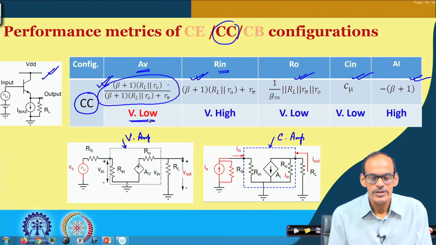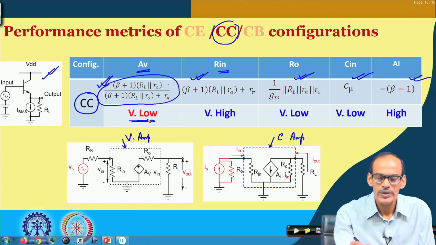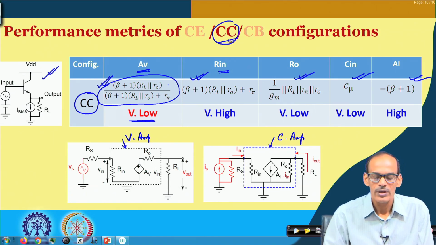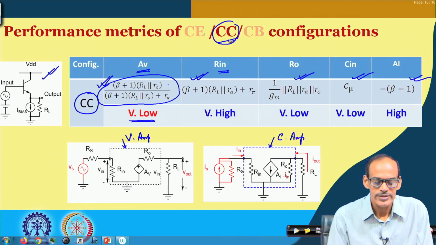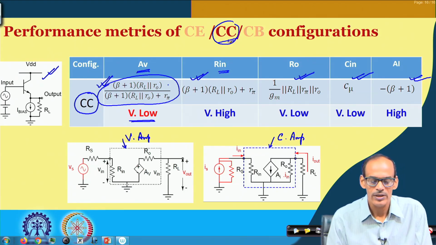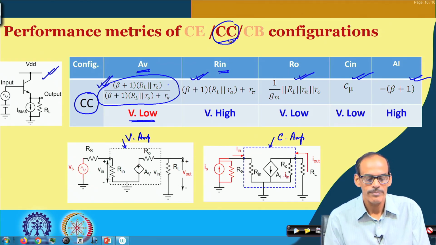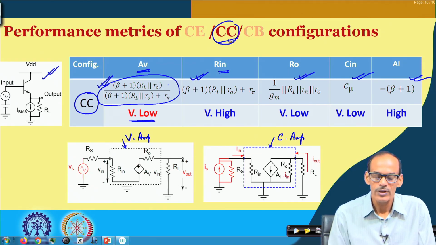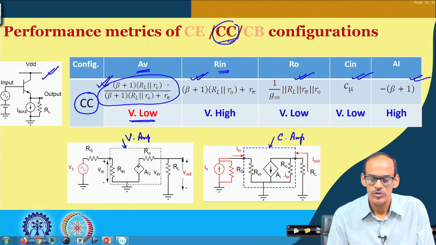What this means is that the CC configuration should not be used as a voltage amplifier by this stage itself. As it is not providing voltage gain, its main purpose is definitely not to be used as a voltage amplifier without taking any support from another configuration.